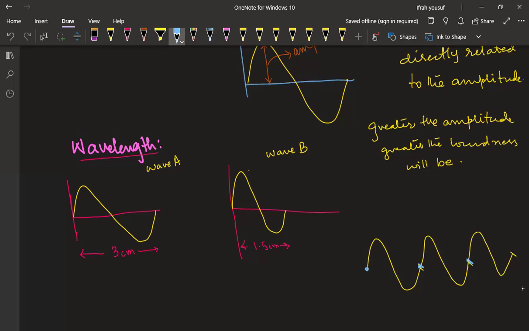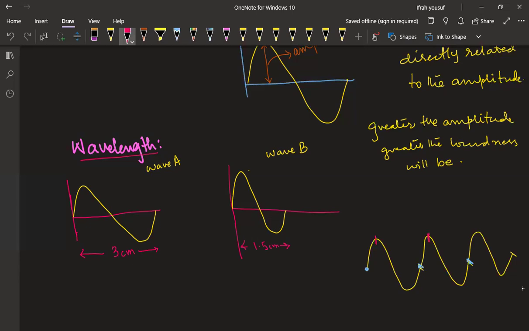What if I start counting the wave from this point? Then where will it end? At what point will I consider one wave completed? Over here?